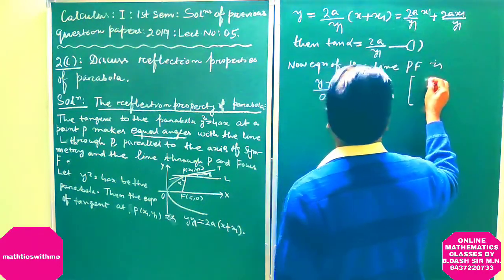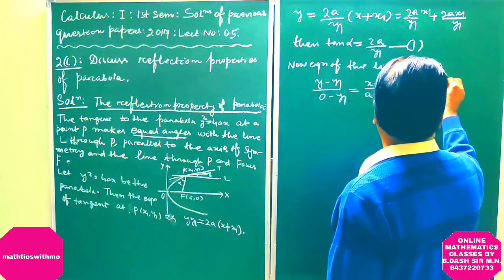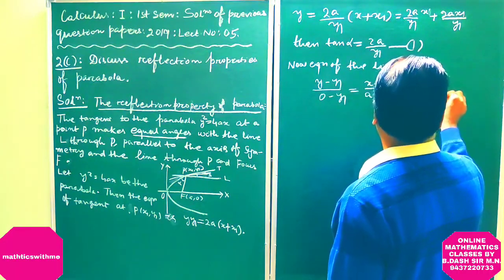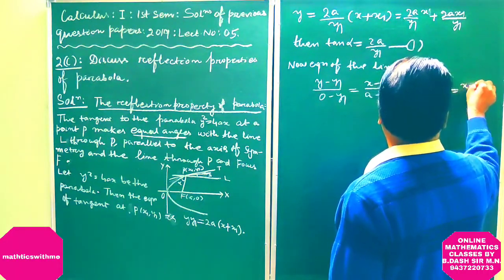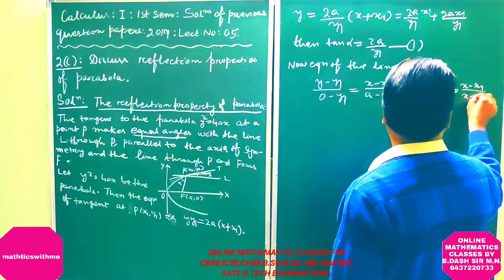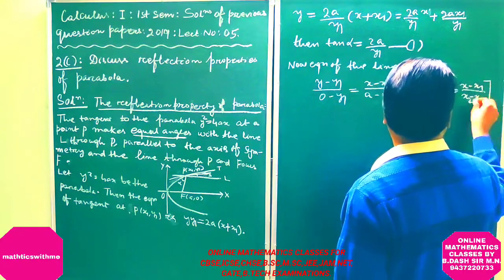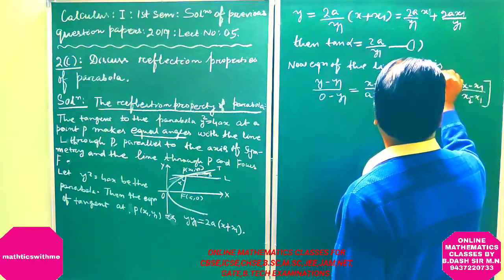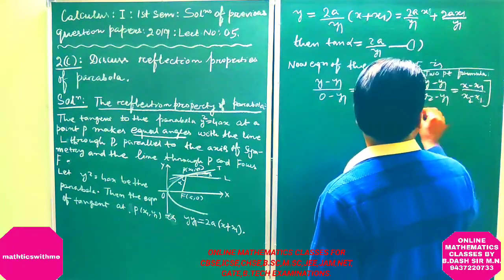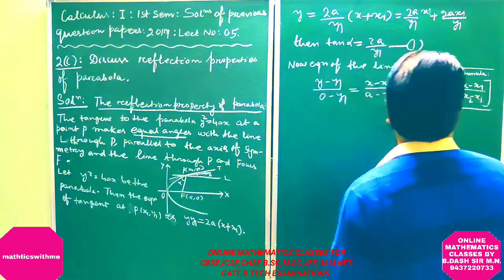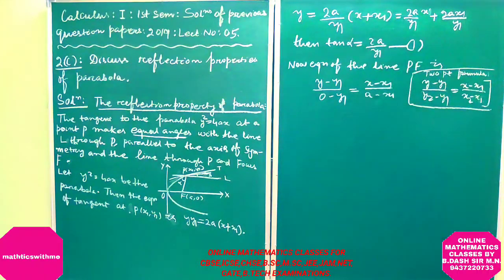So we have applied the 2-point formula: y minus y1 by y2 minus y1 is equal to x minus x1 by x2 minus x1. This is the 2-point formula for a line.